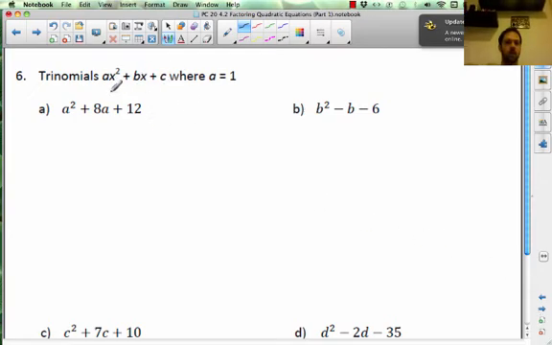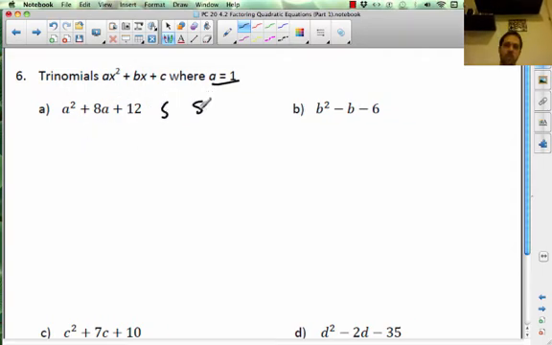Alright, trinomials, ax plus bx plus c, where a equals 1. Now here's where we might not necessarily have identical terms like we did on all of the last page, but we stick with the same strategy. Two numbers that add up to 8, so the sum is 8, the product is 12. So again, we have positives here and a positive here, so we know both factors are going to have to be positive.